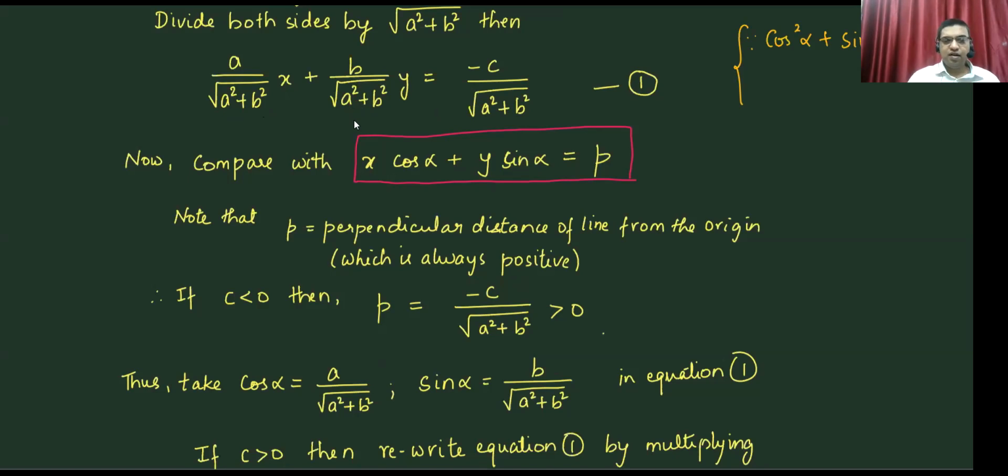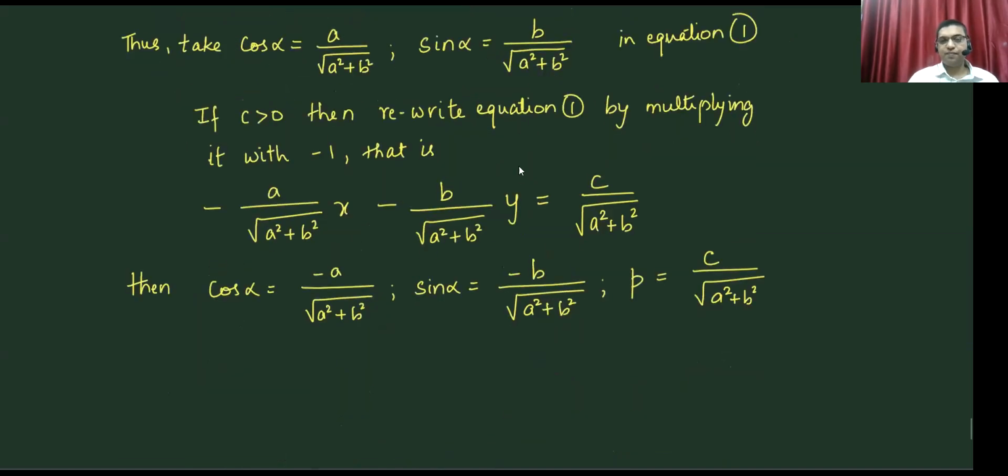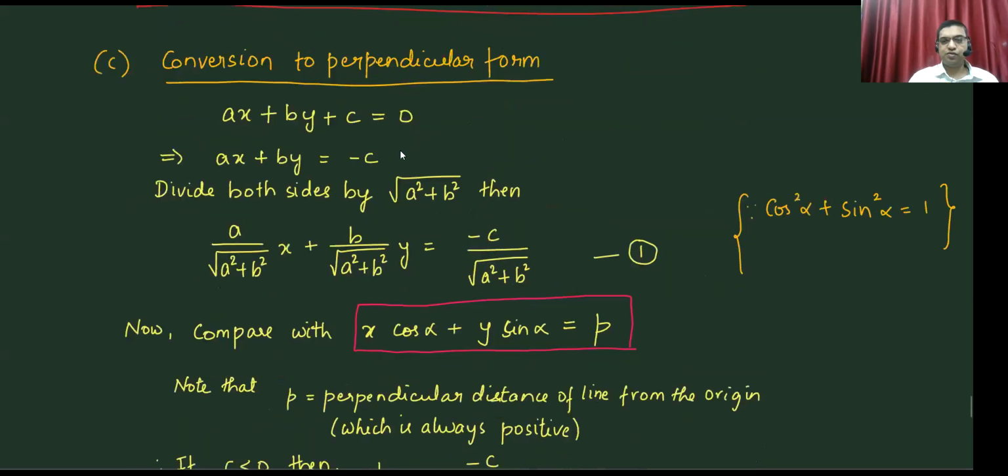However, if c is positive, then this right hand side is a negative value. That is not acceptable because distance is positive. So in that case, we rewrite the equation by multiplying with minus 1 throughout.